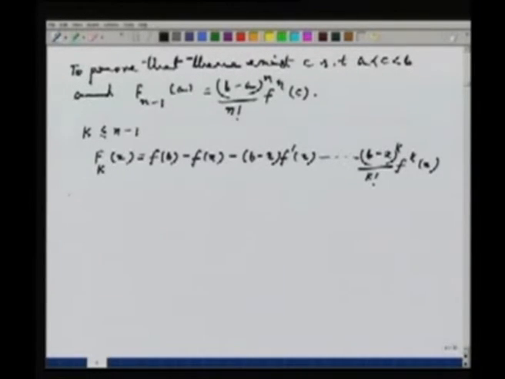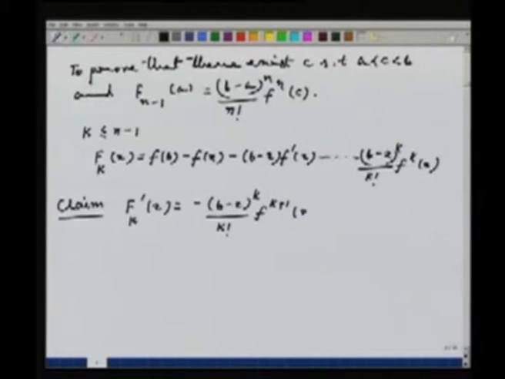Now the first thing I claim is that F_k prime at x equals minus (b minus x) to the power k by factorial k times f^(k+1)(x). To prove this, we can proceed inductively. So let us first take k equal to 1.